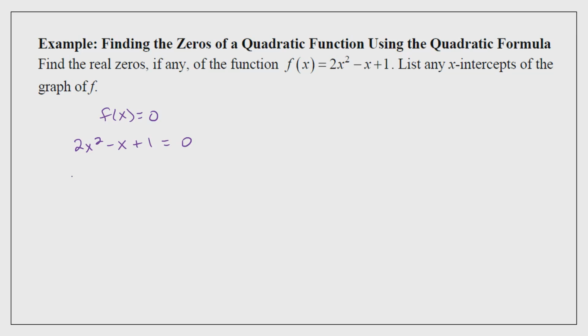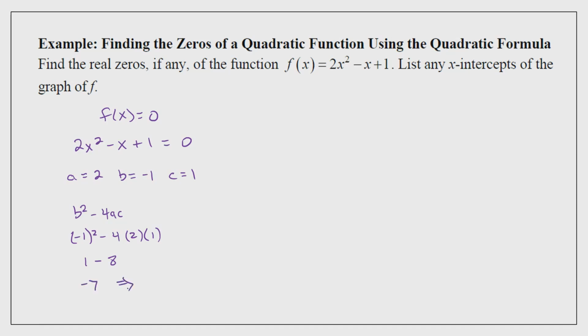So let's first identify our a, which is 2, our b, which is negative 1, and our c, which is 1. So b squared minus 4ac is what we're trying to evaluate. B is negative 1, a is 2, and c is 1. So simplifying, we have 1 minus 4 times 2 times 1, which gets us minus 8. 1 minus 8 is negative 7.